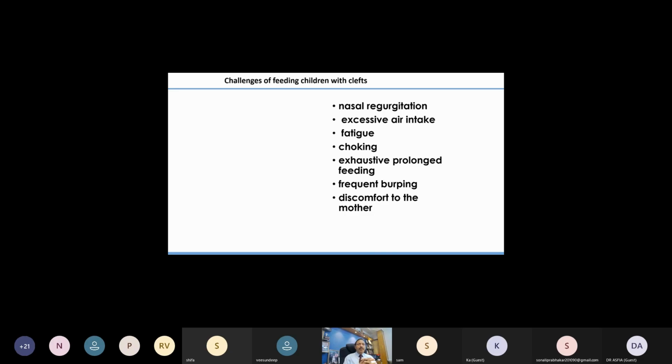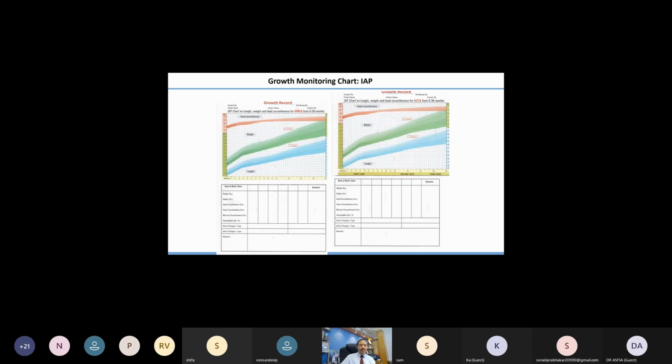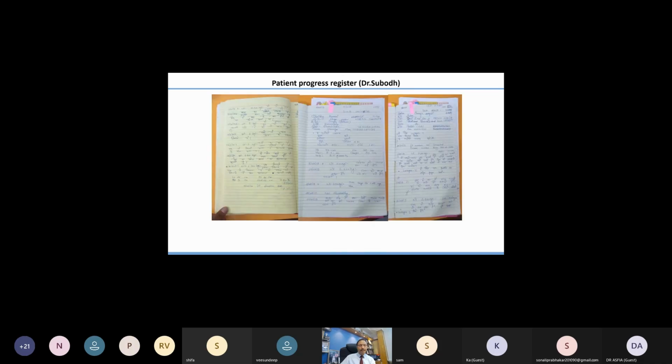There are many challenges in feeding children with cleft. The most important are nasal regurgitation, excessive air intake, fatigue of the child, choking or inhalation of the milk, and exhaustive prolonged feeding. It is important to provide frequent burping, and there can be a lot of discomfort to the mother.